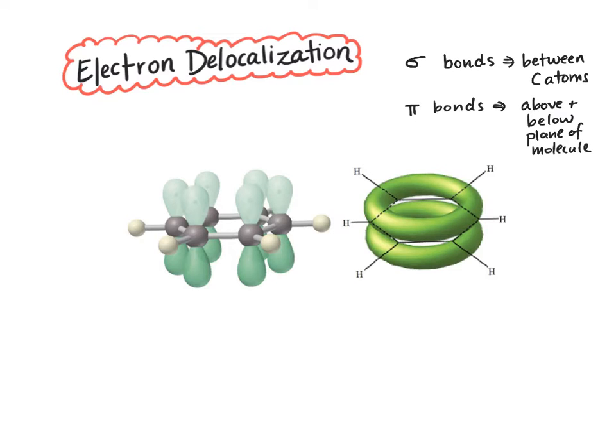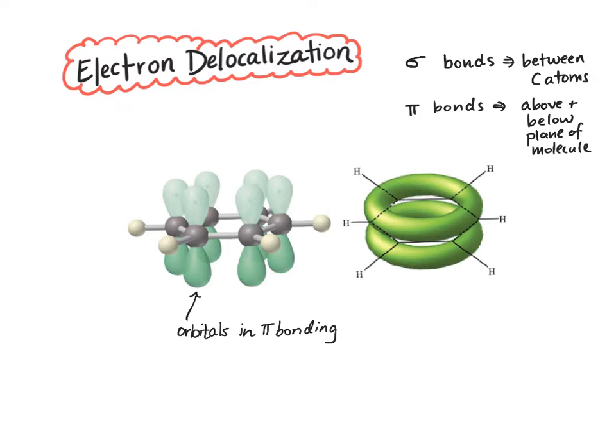If we look at the diagram on the left, we see that there are orbitals extended above and below the molecule. These orbitals are going to be involved in pi bonding. So that's the double bond that we see.